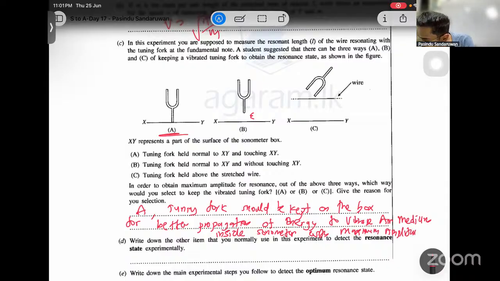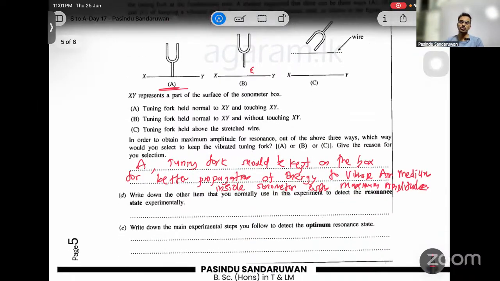This is the complete answer. It should be kept on the box.